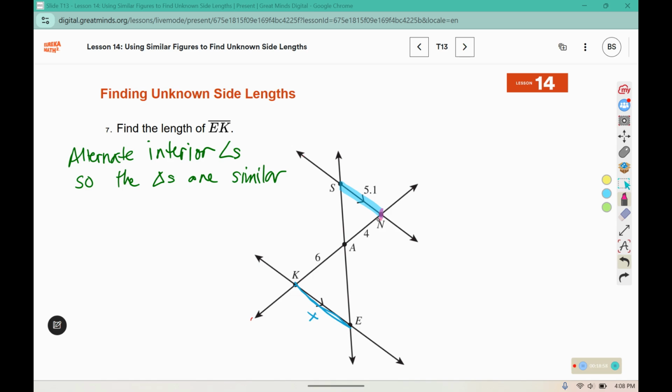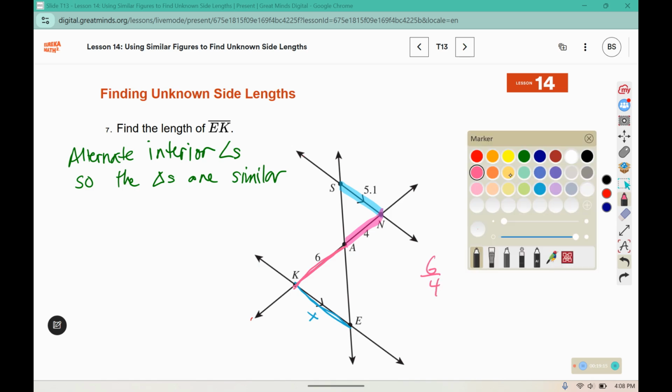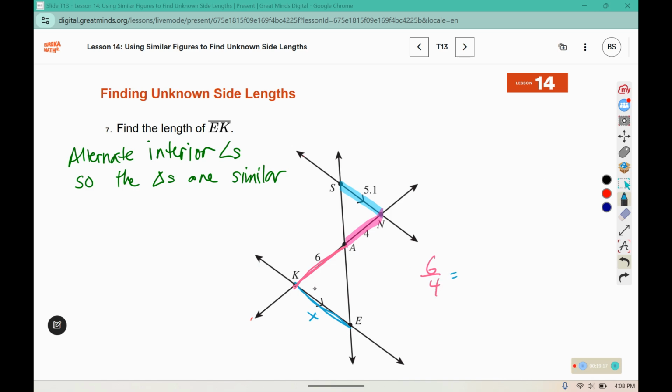And then I also have that this side length matches up with this side length. So I can set up that fraction. And this one. Then cross multiply.